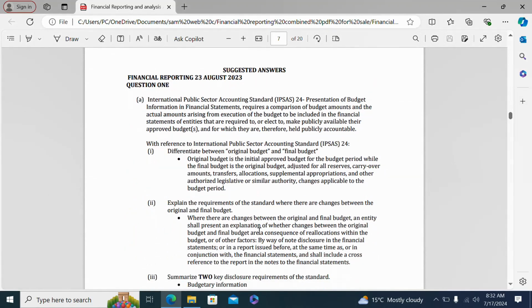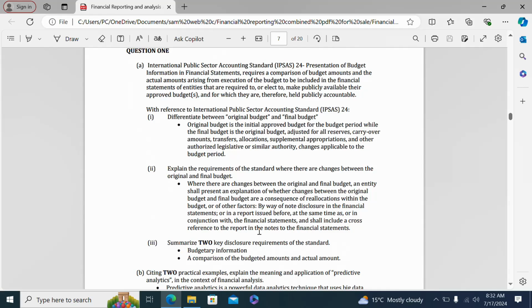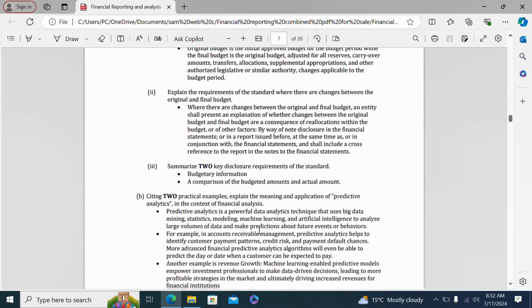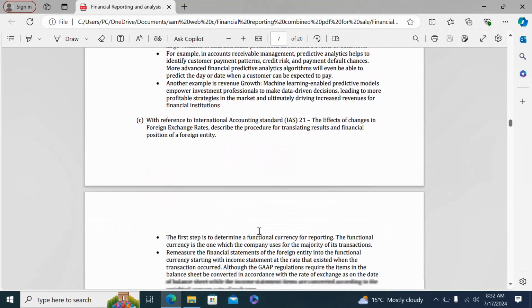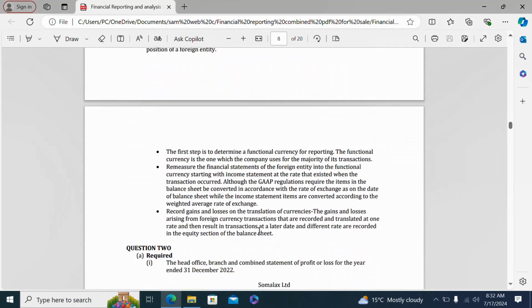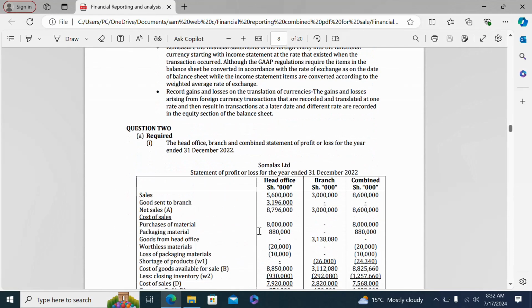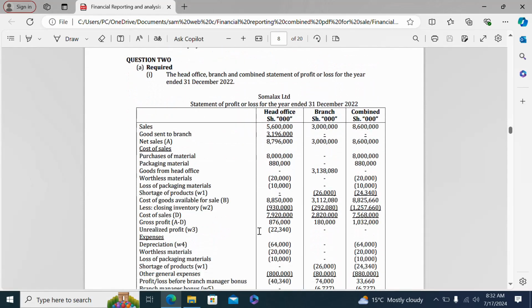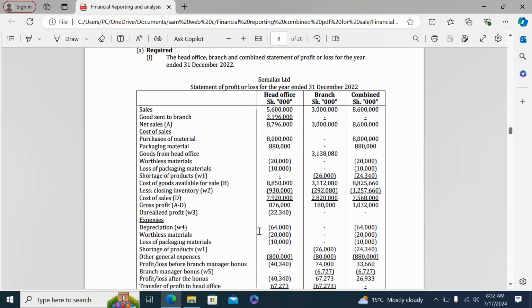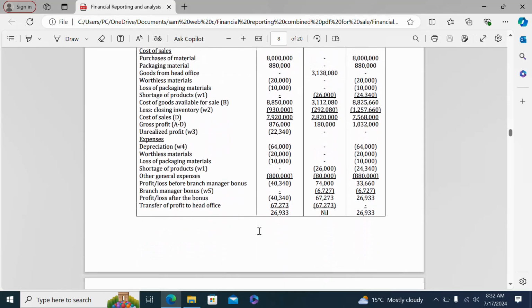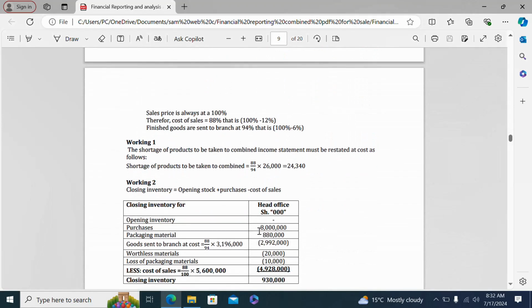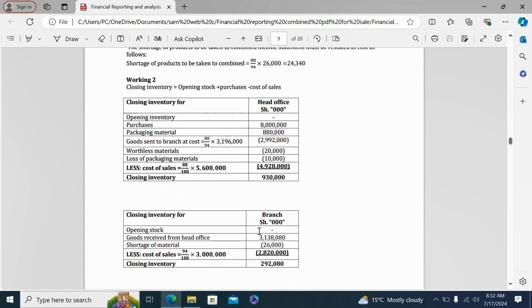So this is the first answer, to question 1. We have A, Roman 1, Roman 2. Then we have B, and we have C. Then we have question 2, the statement of profit or loss for the year ended 1st December 2022. We have head office, branch, and then the combined result. Then we have the working for that question.